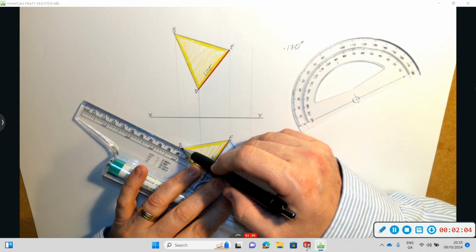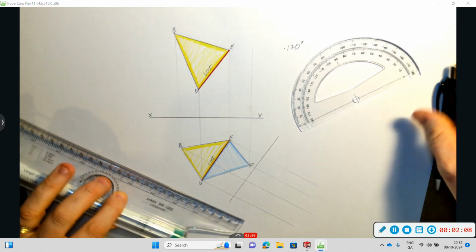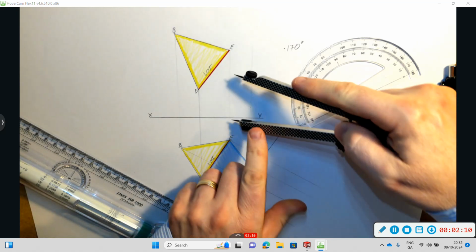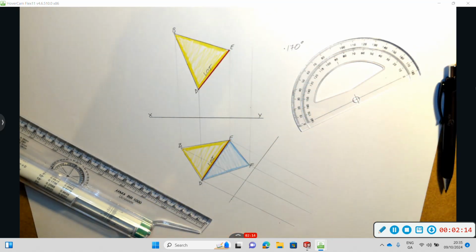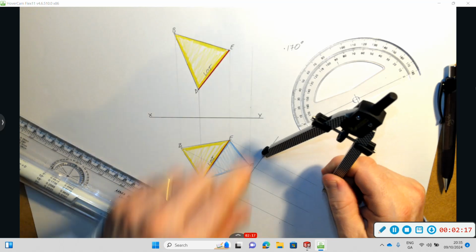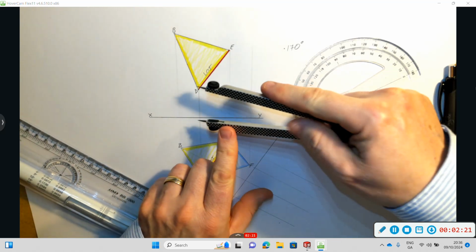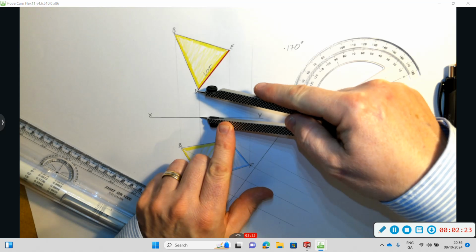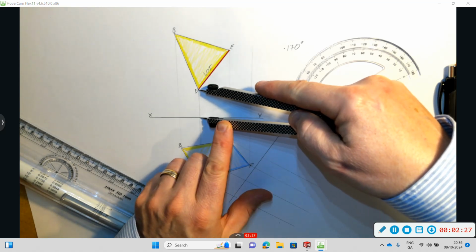And of course in an auxiliary elevation, the heights in this view have to be the same as the heights in this view here. So I'm taking my heights. I'm taking the height for point E, marking that into my new view. Taking the height for D. Just make sure you're accurate with them.